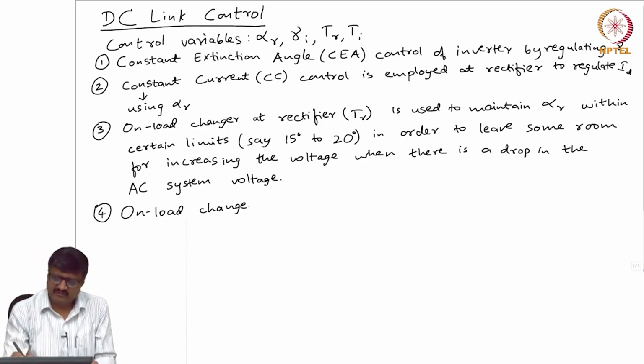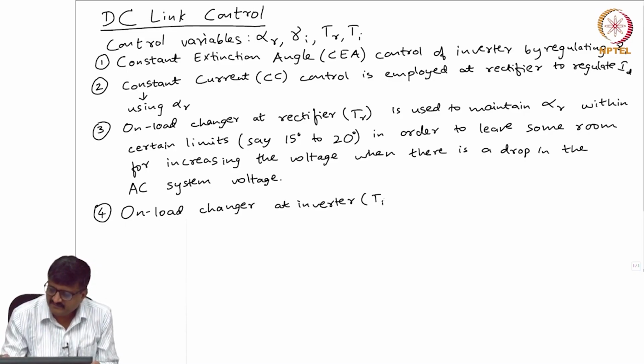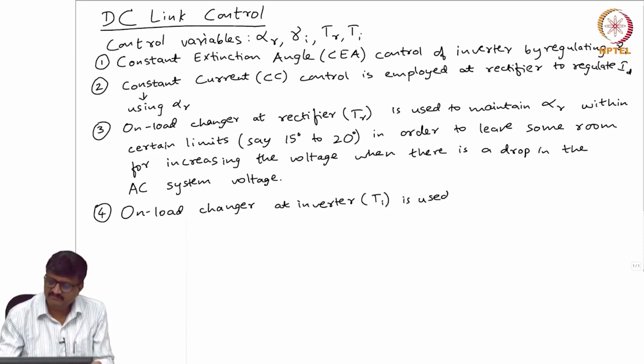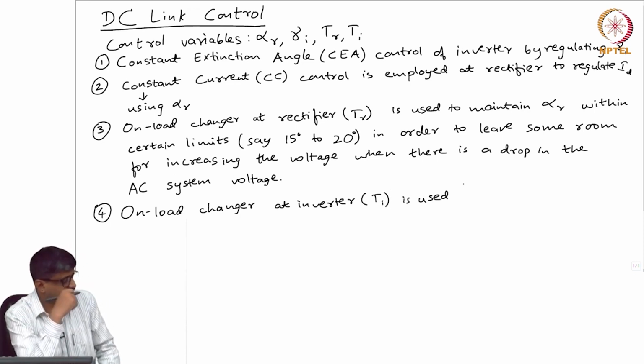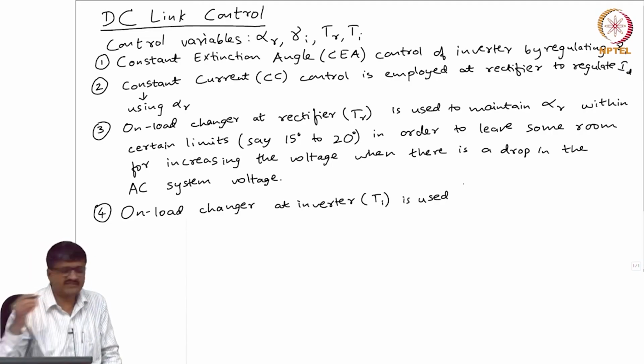Okay. Now the on-load tap changer at the inverter, that means the variable is Ti, is used for what? Is used to maintain the DC side voltage constant.